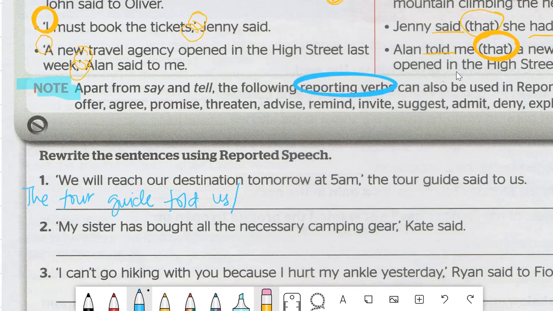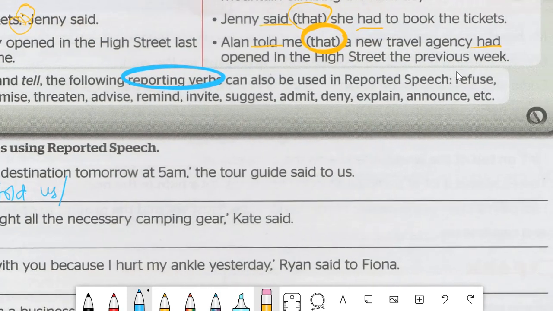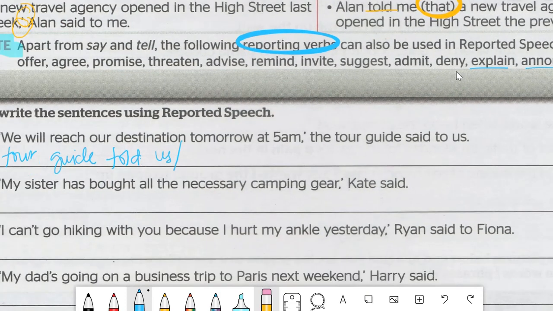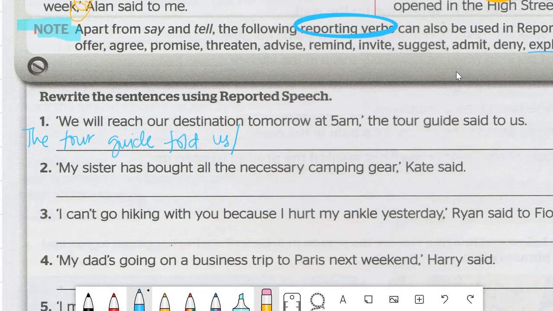Such as what? We can use explain. Yes, we can use explain. Other than that, we can also use announce. Right. This is an announcement, isn't it? Yes, an announcement: a person giving information to a lot of people. That could be considered as an announcement.